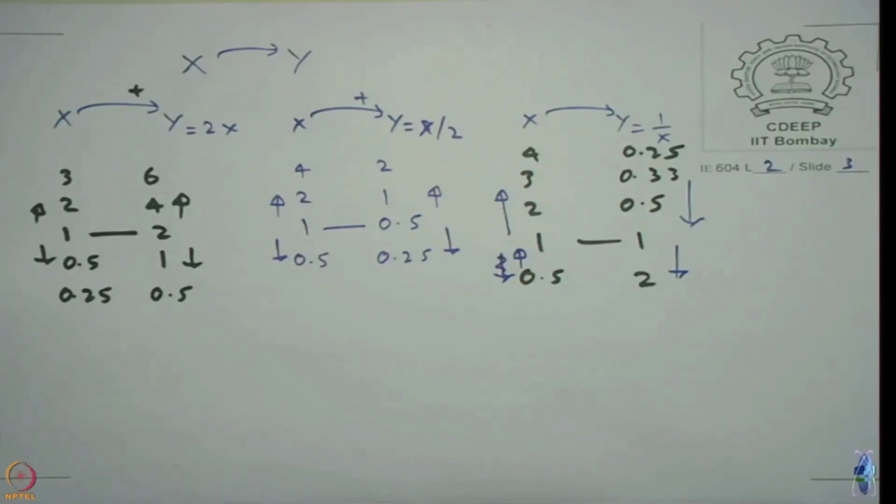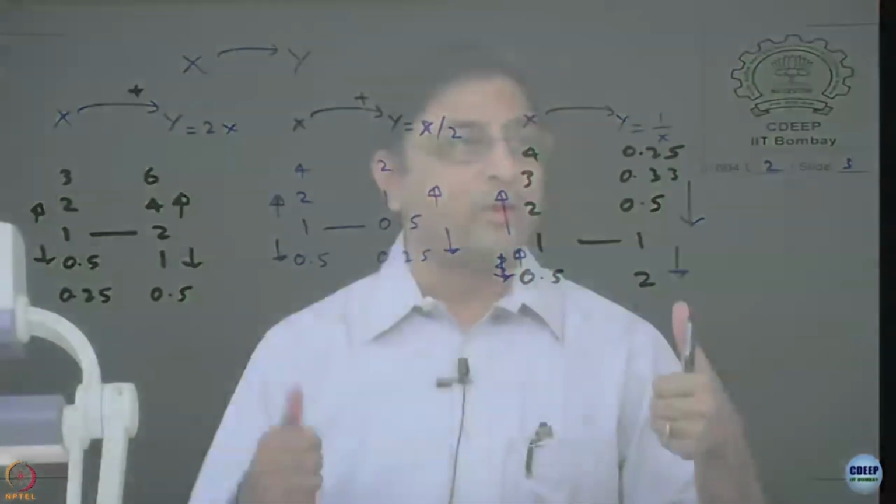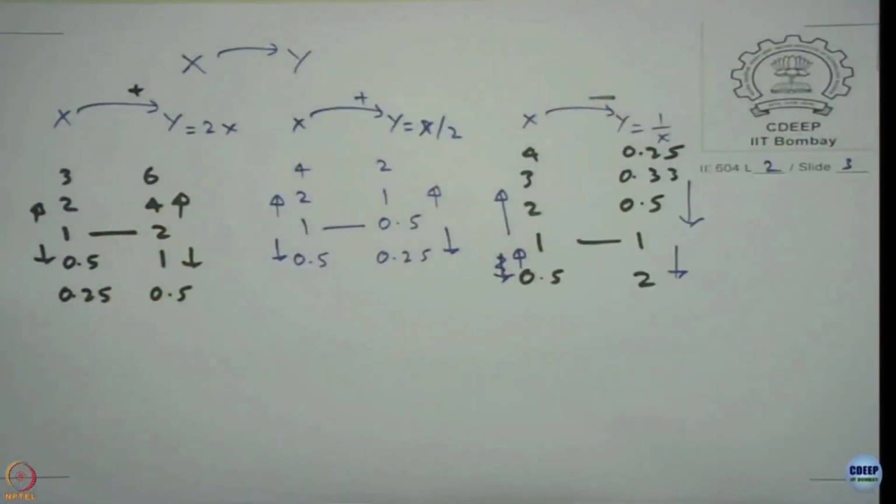So, here it was relative movement. To indicate this kind of relation, as x increases, y increases, or x decreases, y decreases, we use a plus sign, same direction. The other option is where x increases, y decreases, or x decreases, y increases, it is an opposite direction or opposing, and we indicate it by a minus sign.